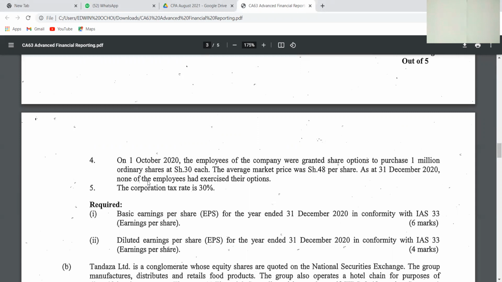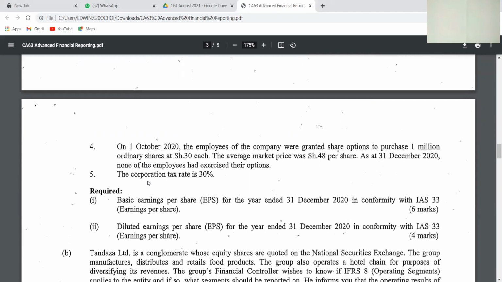As at 31st December 2020, none of the employees had exercised their options. The corporation tax rate is 30%. You are required to do the basic earnings per share for the year ended 31st December 2020 in conformity with International Accounting Standard 33, 6 marks.